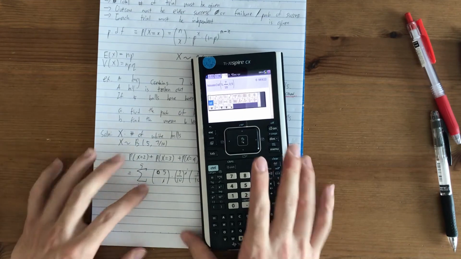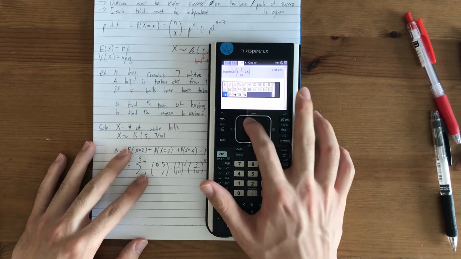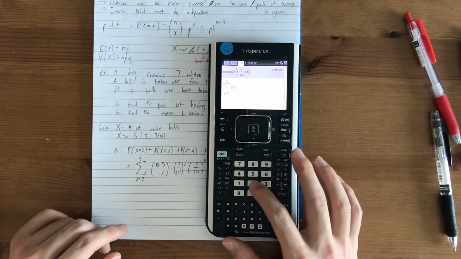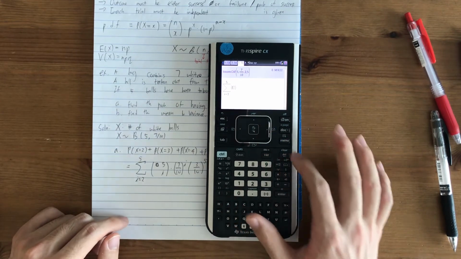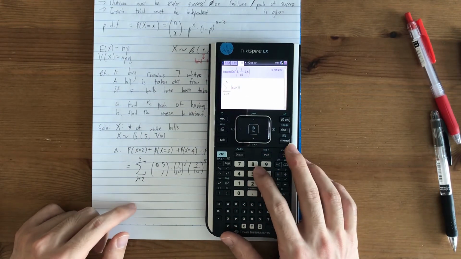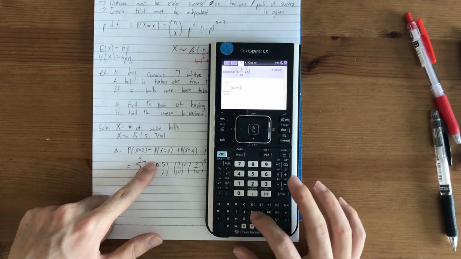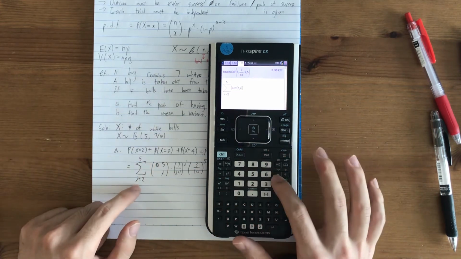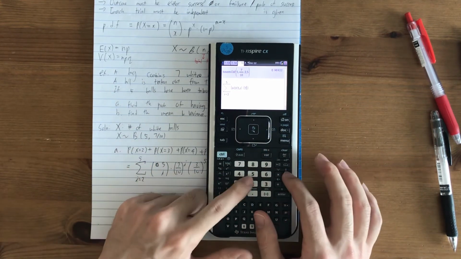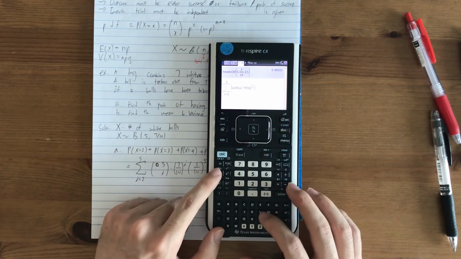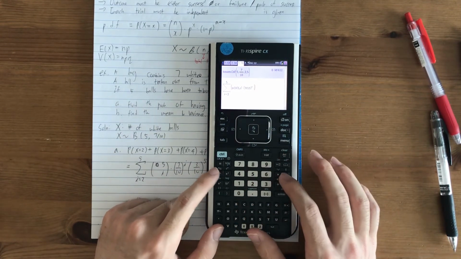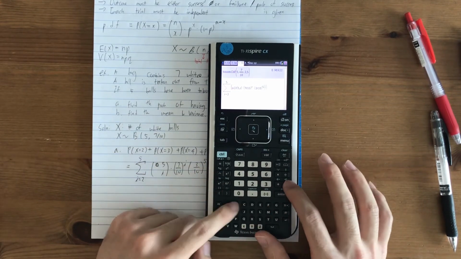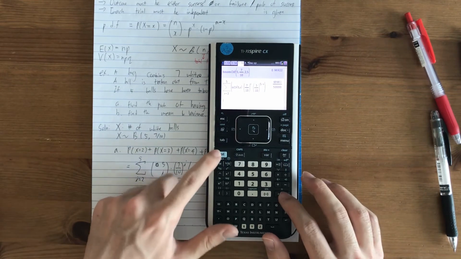You can also use sigma notation to do this, with i from 2 to 5, 5Ci times these terms.